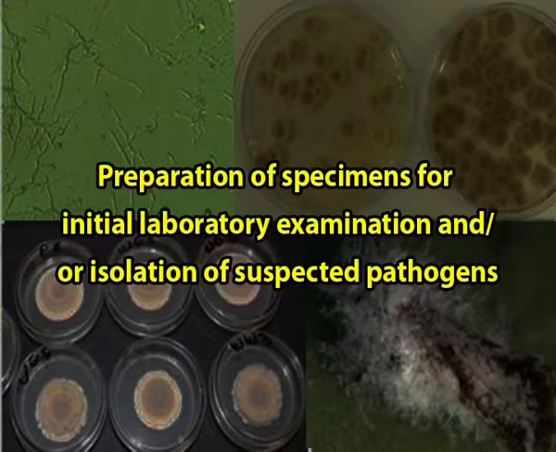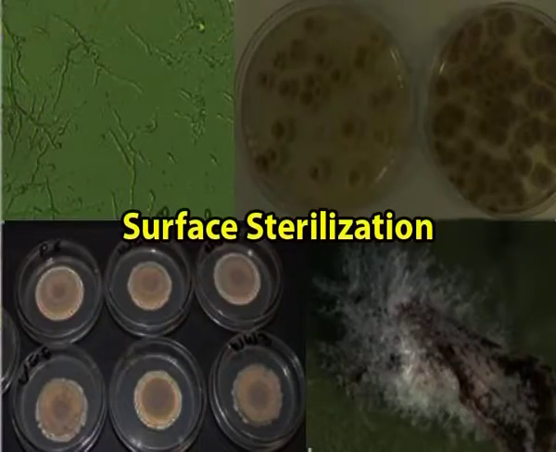Preparation of specimens for initial laboratory examination and/or isolation of suspected pathogens. To enable detailed examination or isolation of the causative agent, the specimens will usually require further preparation. The following general procedures are commonly used for entomopathogens. First one is surface sterilization.